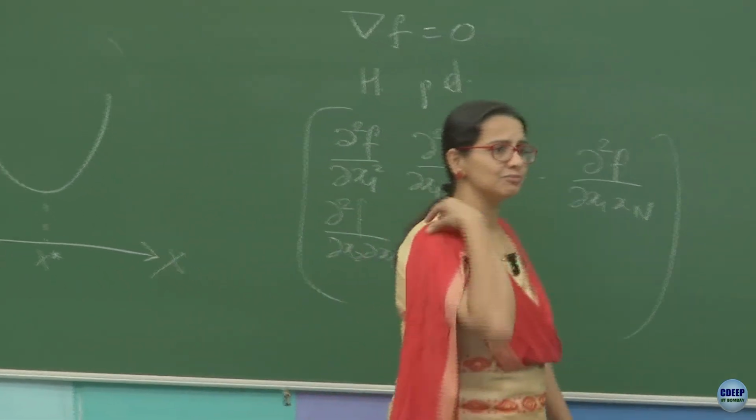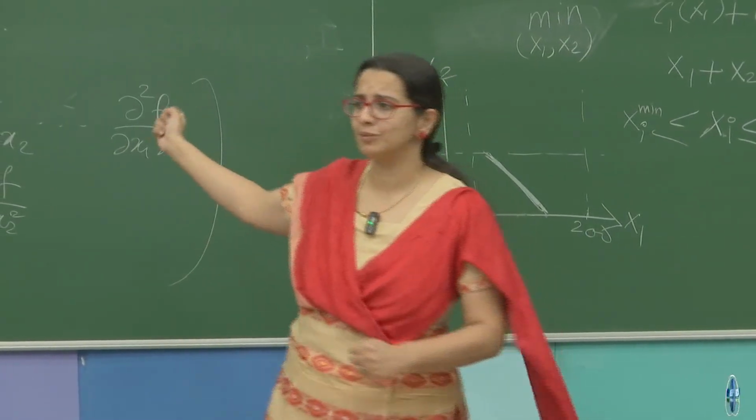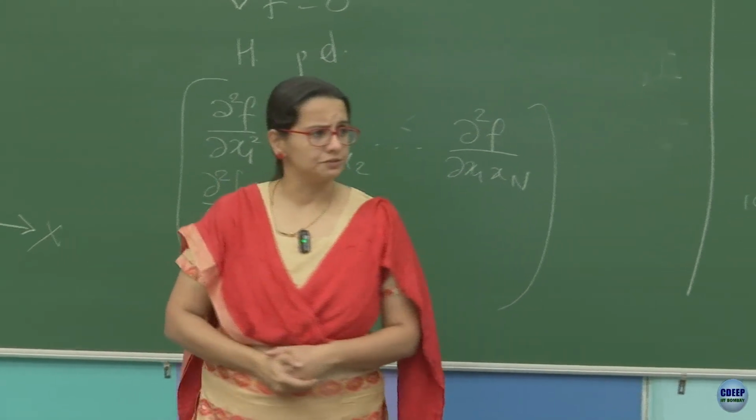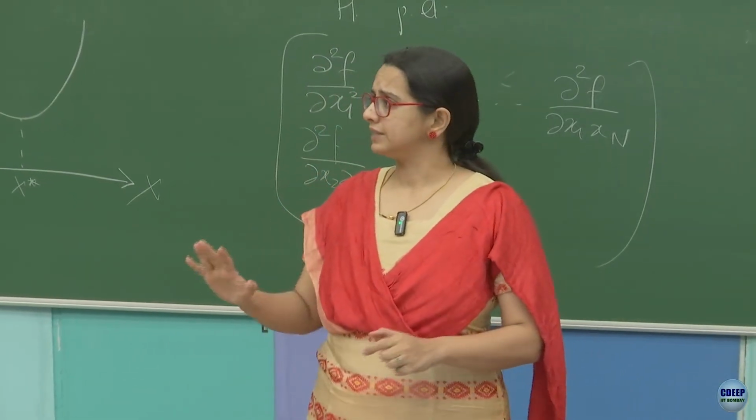And then this matrix, what do we want this to be? We want this to be positive definite, which means what about the eigenvalues of this matrix? They should all be positive, correct? Okay, makes sense?